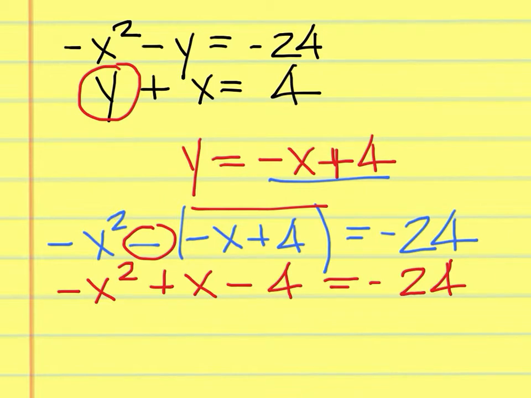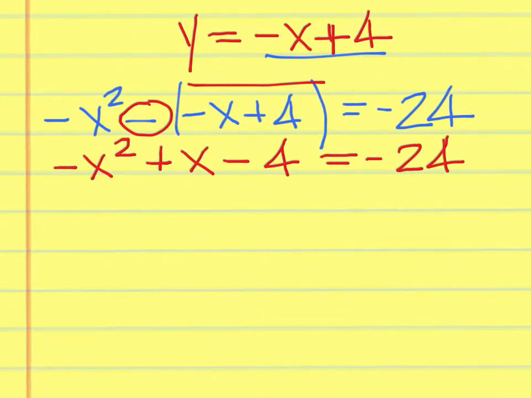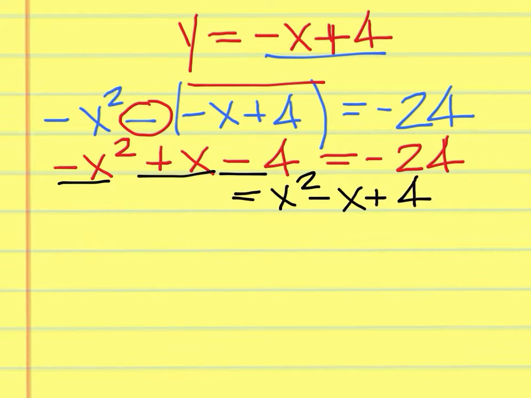So anytime you have a quadratic equation and it's possible, try to make the x squared term positive. And the way you can do that is by doing this. Here's your equal sign. The negative x squared is on the left. You can move it to the right and change the sign. You can move this to the right, change the sign. The minus 4 can go over and become plus 4.